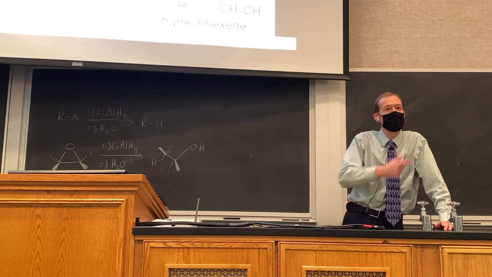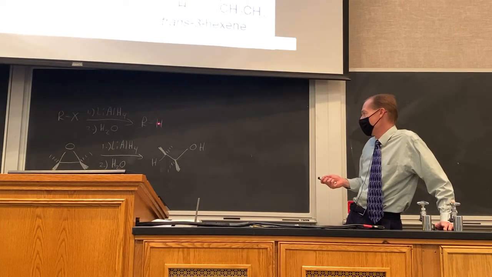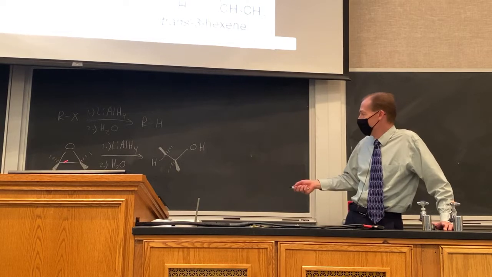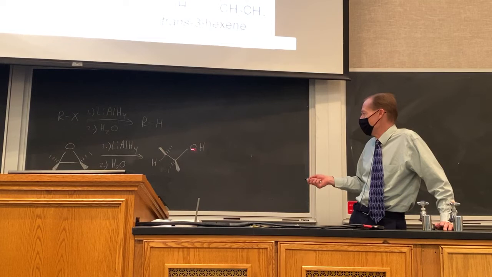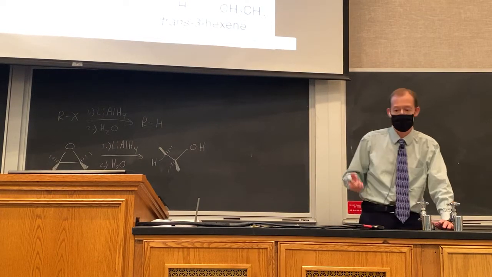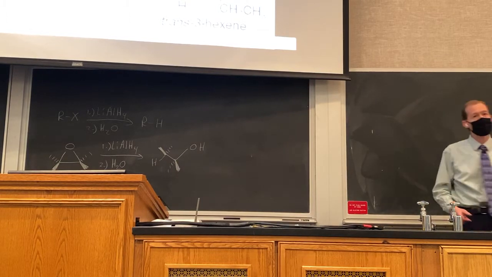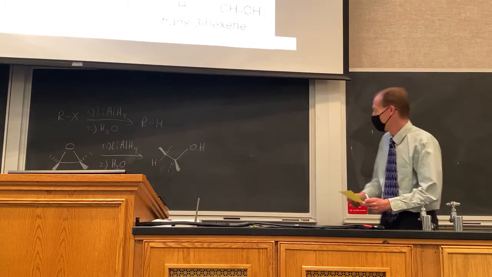When we show you the mechanism, I'll tell you what we mean by that. So the hydrogen atom here is coming from the lithium aluminum hydride, not the water. But in the epoxide reduction, we have two hydrogen atoms. One is coming from lithium aluminum hydride, and the other is coming from the water. Okay? So let's look at the mechanism of this reaction.